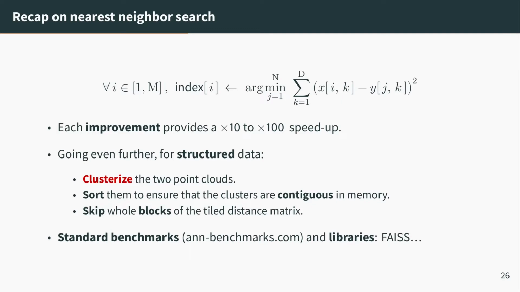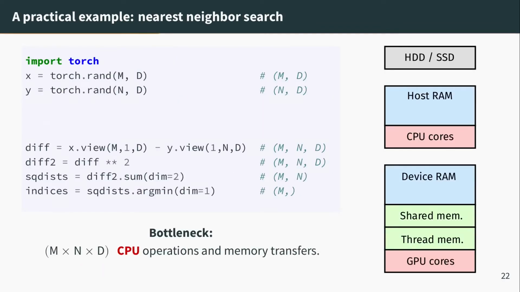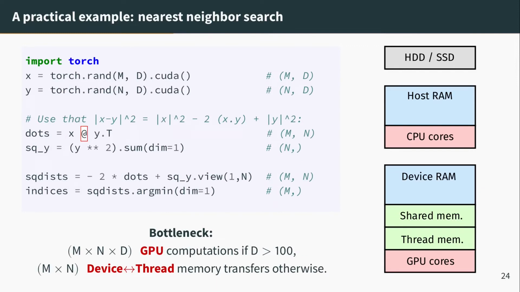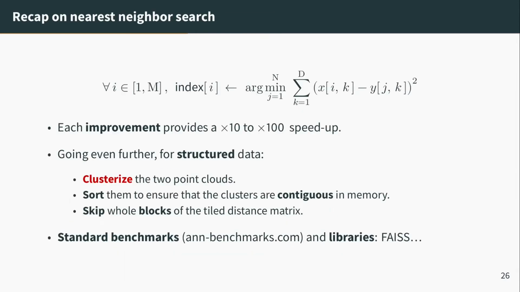So what can you take back from this fairly in-depth explanation? Well, first, you realize that just to compute this very simple operation, for all index i compute the argmin over the indices j of the sum over the d features of xik minus yjk, by being clever, you can produce improvements by orders of magnitude.